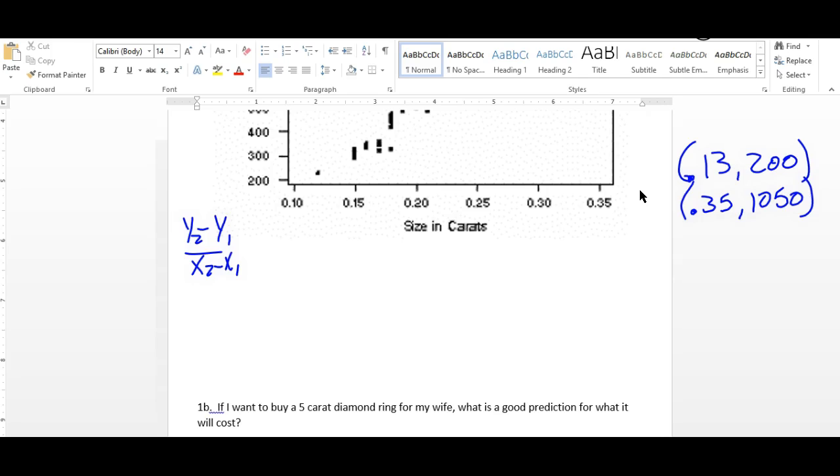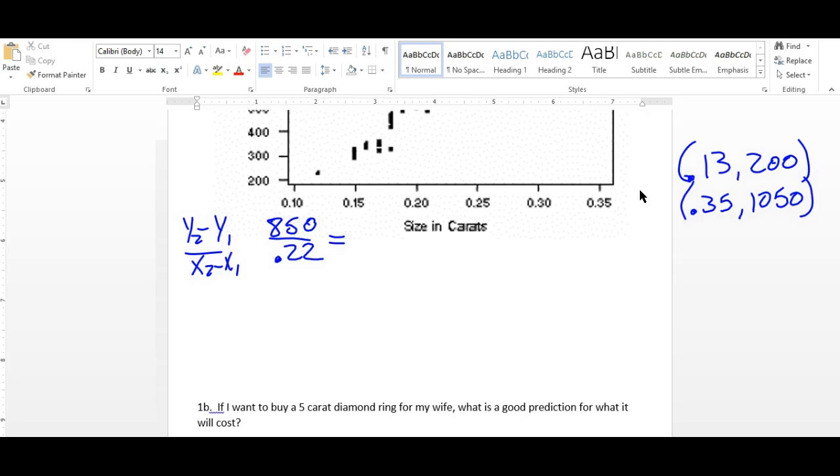We're going to get 1050 minus 200 is 850 over, subtract the x's, 0.35 minus 0.13 is going to give us 0.22.